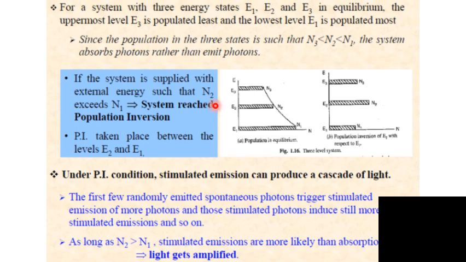So if any photon comes into this system, then instead of causing stimulated emission to happen, this photon will get absorbed. So in this system, the absorption probability is higher than stimulated emission, the stimulated transition.